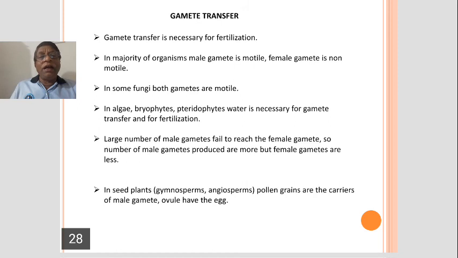In algae, during sexual reproduction, the male gamete is formed, we call the antherozoid, or we may call the sperm, which is motile.